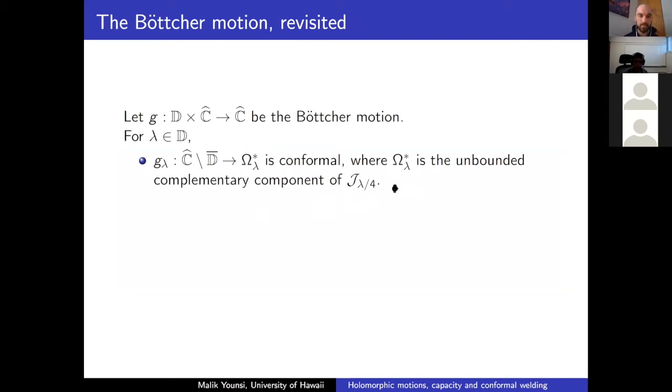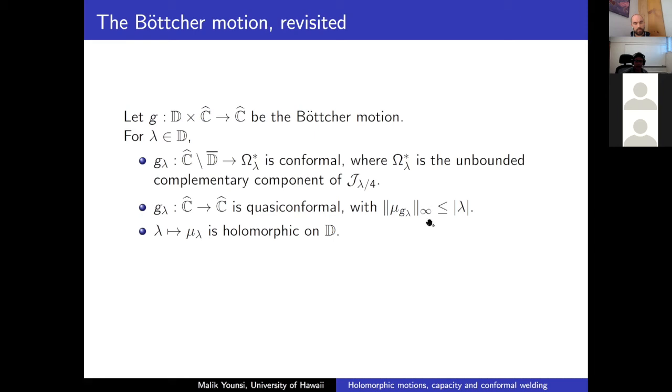Now we can apply the Bers-Royden theorem to deduce that each G lambda is actually quasiconformal on the whole Riemann sphere, and it satisfies the following inequality for the Beltrami coefficient. And also, if you look at how these coefficients vary with respect to lambda, then it varies in a holomorphic way. So this function is holomorphic on the unit disk.